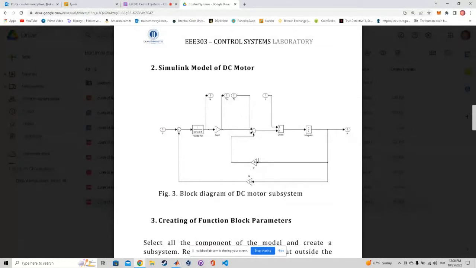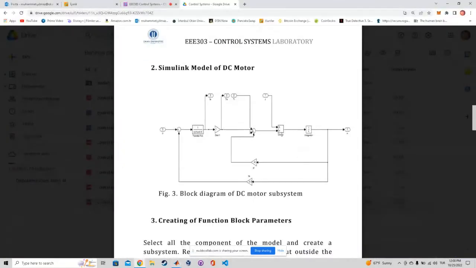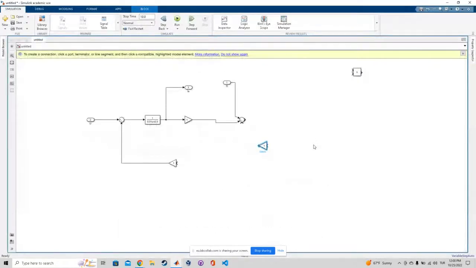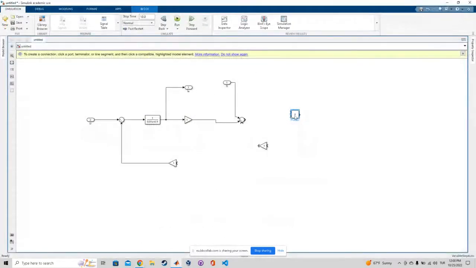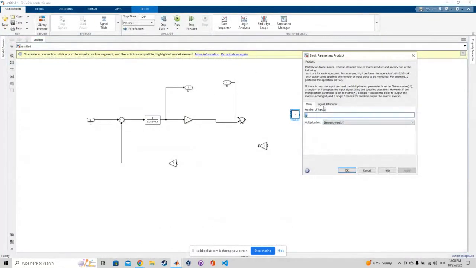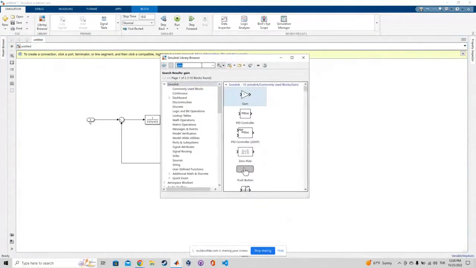Then we have another gain from here. Right, but before that we have a divide and integrator. We have our divide function here. We can change it to, let's say we change it.